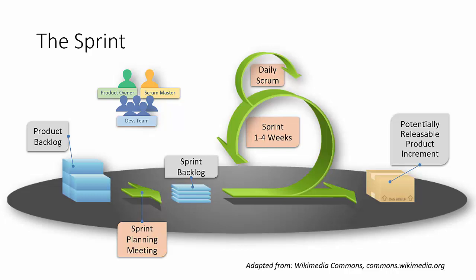Then during the sprint itself, we have the daily scrums. Every day during the 2 weeks of the sprint, the team meets for 5-10 minutes. It's also called daily stand-up, and has a quick review of what was done yesterday. What am I going to do today? What do I need in order to proceed? Do I have any problems?